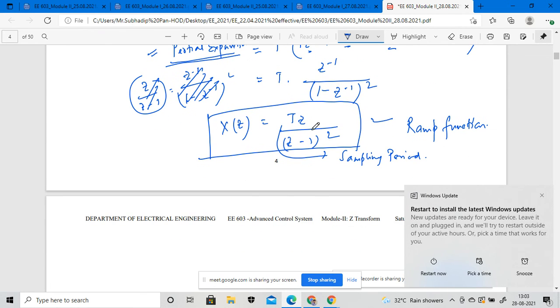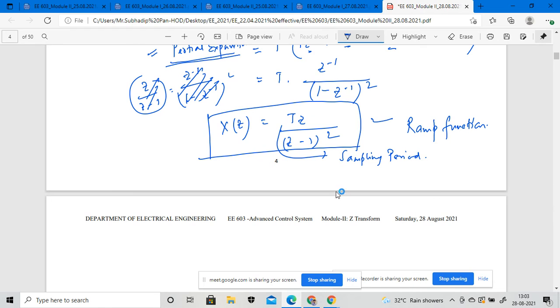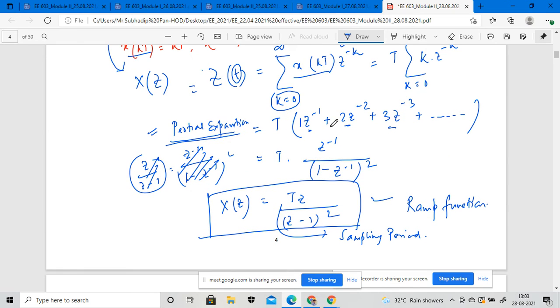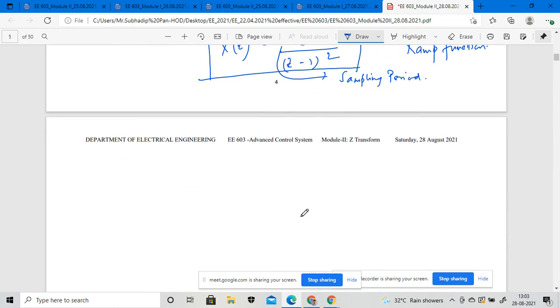In the next class I will elaborate these things also, because we are step jumping. I will tell you how to find these in a step by step process. So I will directly go to the polynomial functions now.